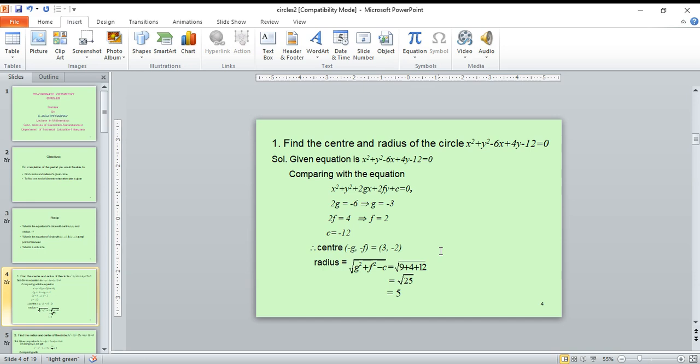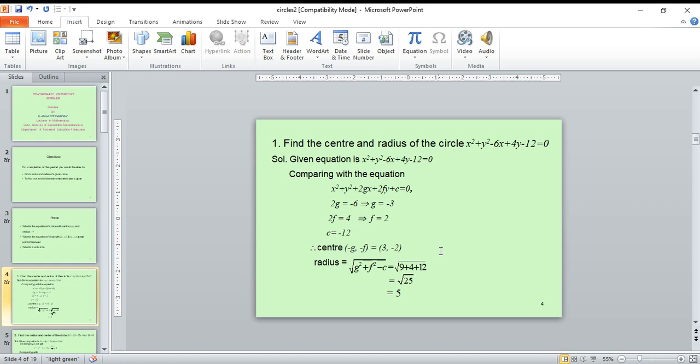So 2g equal to minus 6, therefore g equal to minus 3. 2f equal to 4 means f equal to 4 by 2, this implies f equal to 2. The constant c equal to minus 12.